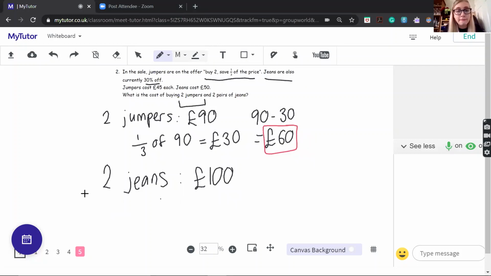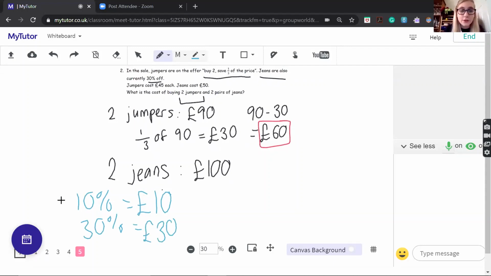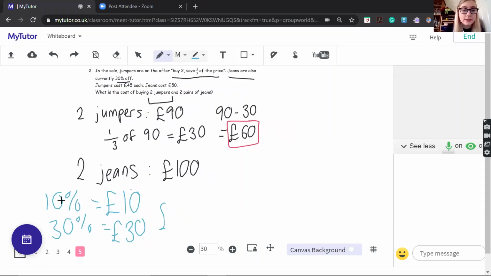So I'm going to write this in 2 different colours for 2 different ways. We can either see that 10% is £10. Whenever you're doing 10% of something, it's just dividing it by 10, right? Because 10 out of 100 is just dividing it by 10. So then we can see that 30% is £30. So you're saving £30, so the cost is £70.